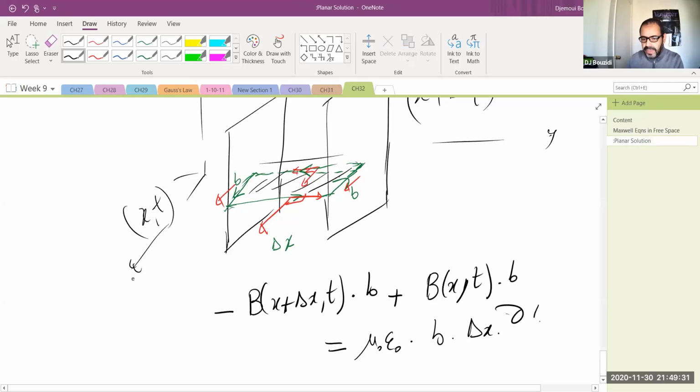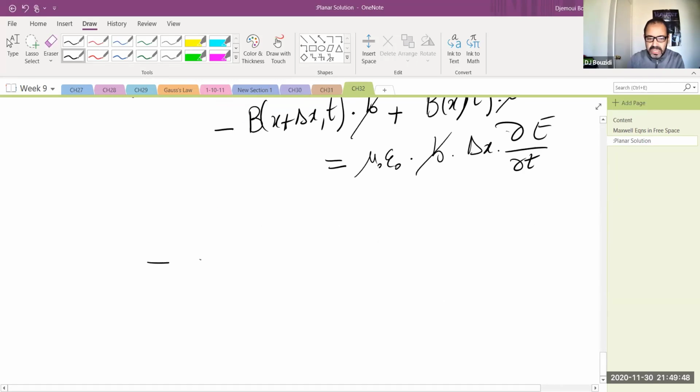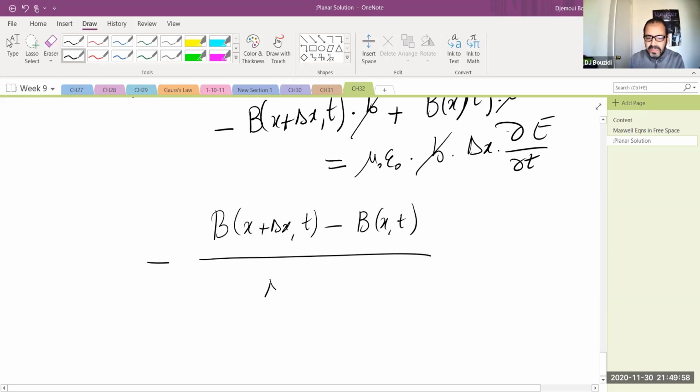So this is going to be the change of the electric field over that same delta x, and the same argument holds true for the fact that we're going to take an average. Ultimately, delta x is going to go to 0, and we don't have to worry about that. So this is canceling. So what I have now is minus B evaluated at x plus delta x and t, minus B evaluated at x and t, divided by delta x, is equal to mu naught epsilon naught times the derivative of E with respect to time.